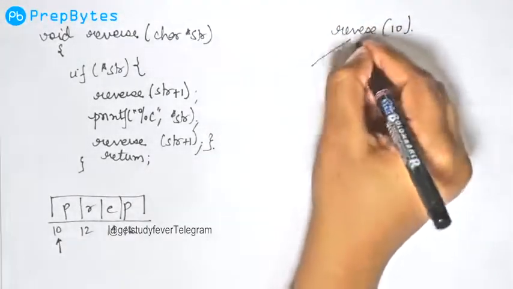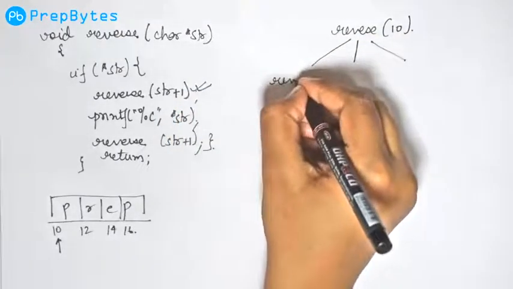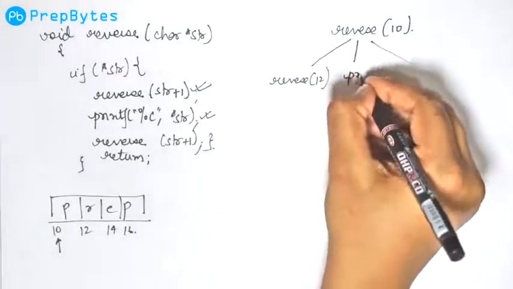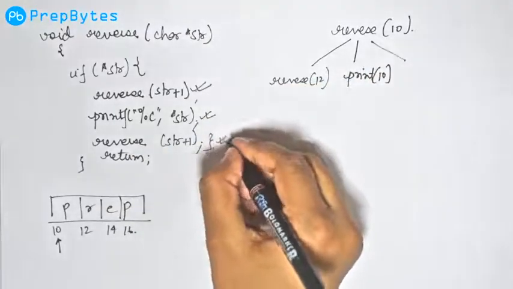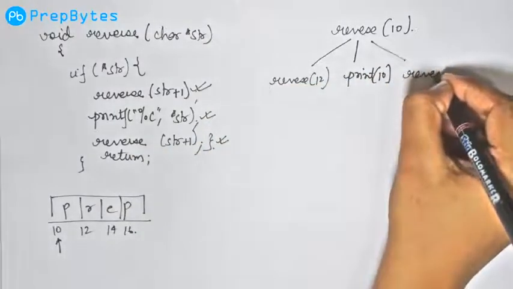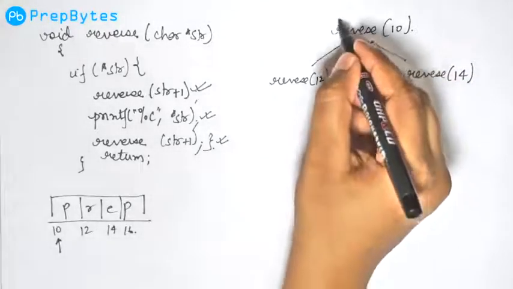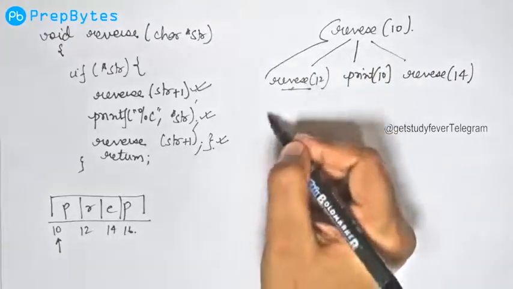Now the reverse has three things to do. It will first call reverse 12. It will print whatever is there at the 10, and then it again calls reverse 14. Now since the execution goes this way, this will be the first statement to get executed further.